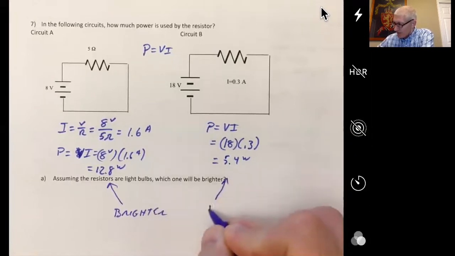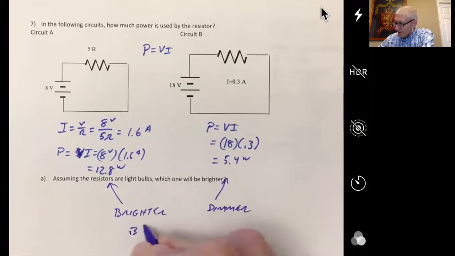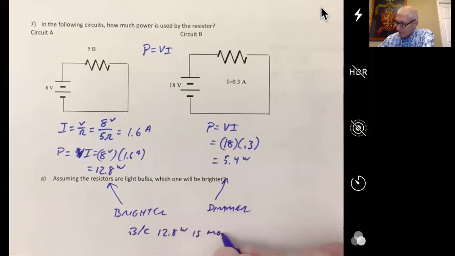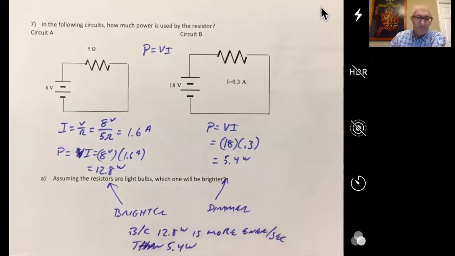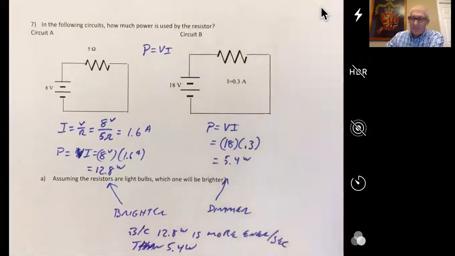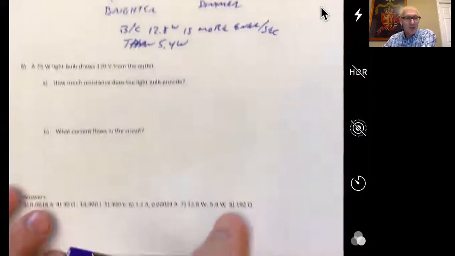This one is going to be dimmer because 12.8 watts is more energy per second than 5.4 watts.